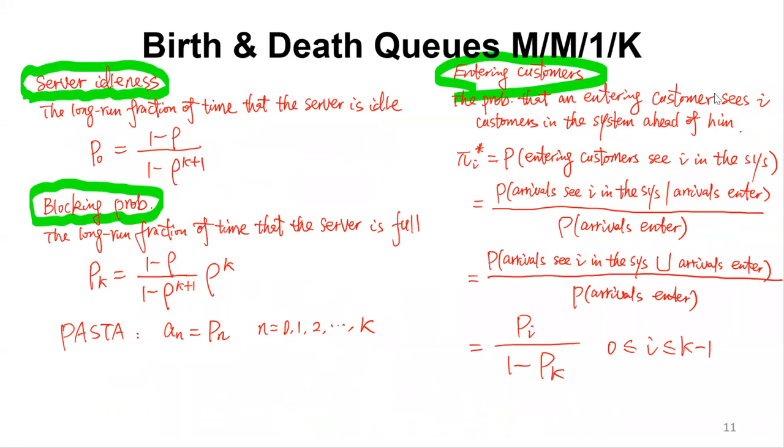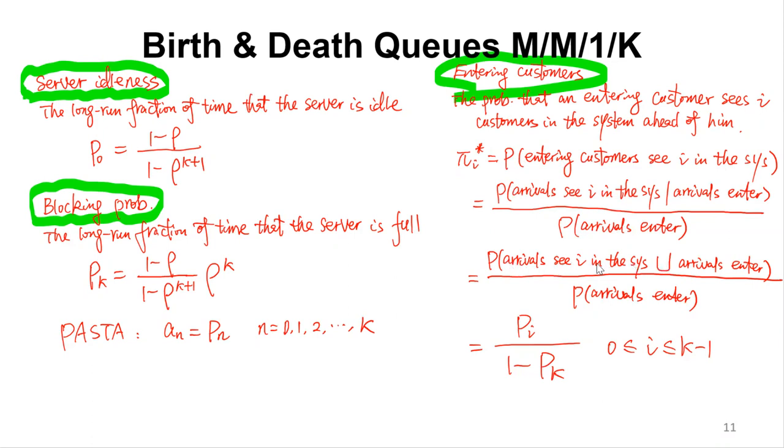An entering customer sees i customers in the system, which equals the probability that arrivals see i and arrivals enter, divided by the probability that arrivals enter. The probability that arrivals enter is 1 minus pk, meaning it is not blocked.